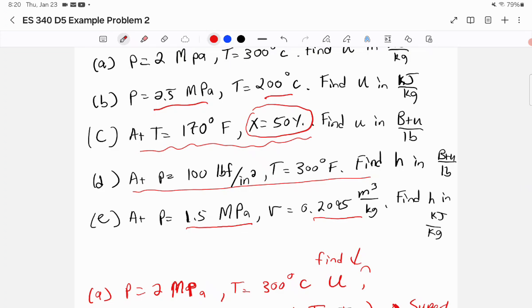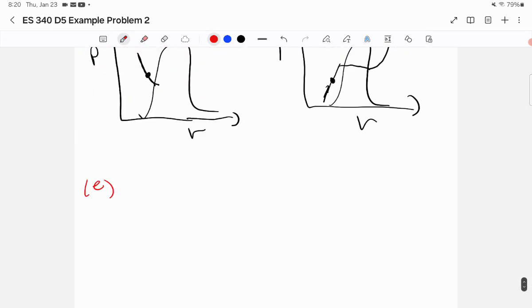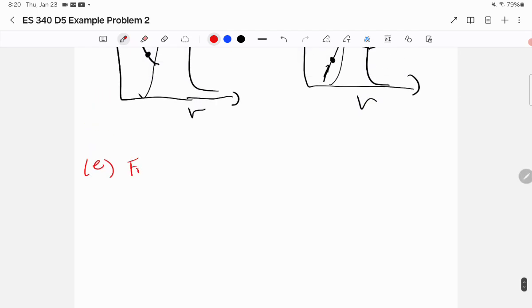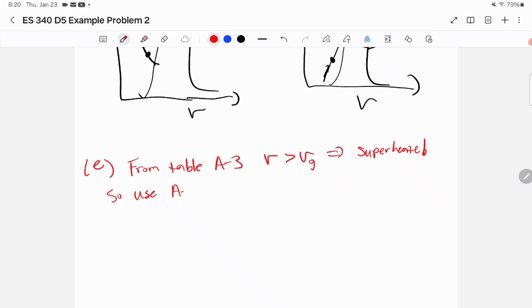Now, what you can do is you go up and you look at table A3, and we note that the specific volume actually is greater than the specific volume of the vapor, Vg. So this implies we're superheated. So use A4.